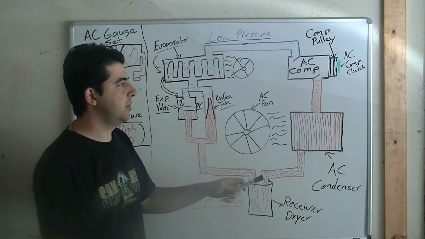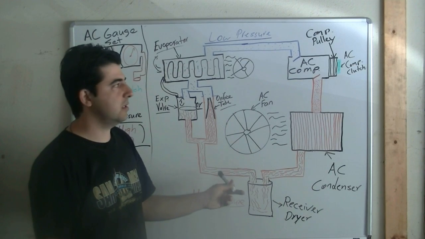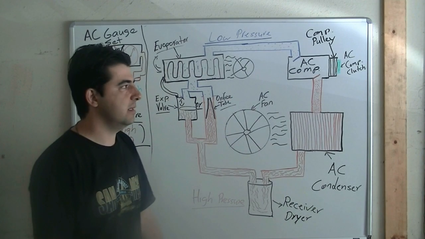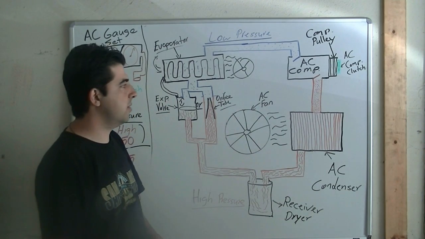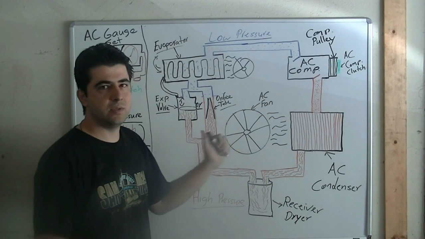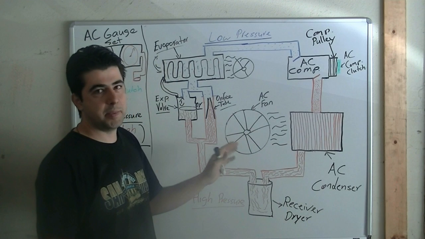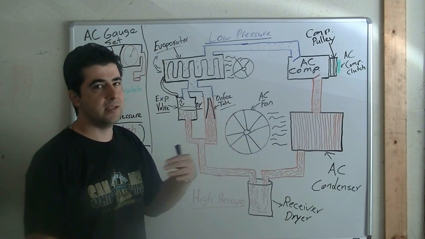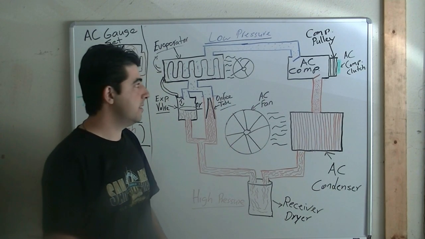Your computer, through the pressure sensor on your AC system, disables the AC compressor clutch, and the system doesn't work and you don't get cold air. That's going to be your main reason why the AC system is not working, but we'll save that for later. I just wanted to say that because I'm sure a lot of people are going to start watching this video because the AC system is not working, but I'll tell you right now it's probably an 80% chance it's because you're low on freon.